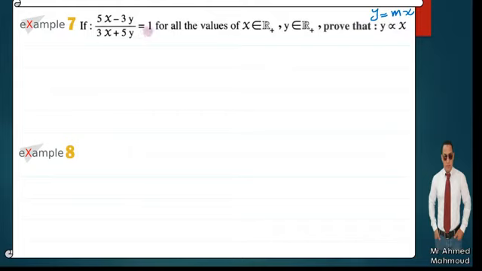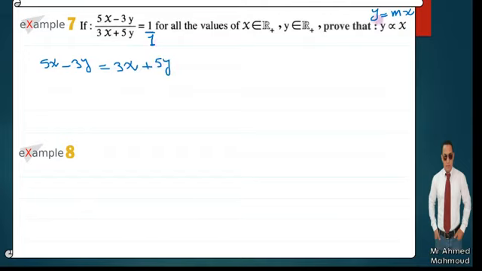It's very easy. By using the properties of proportion, I'm going to make a cross multiplication. Then it will be 5x minus 3y times 1 equals 3x plus 5y.